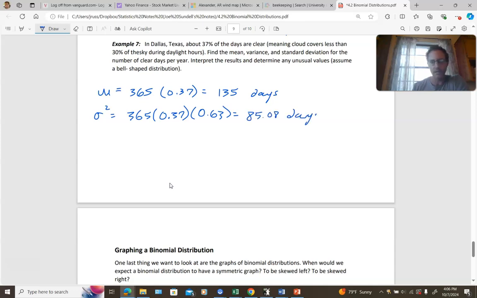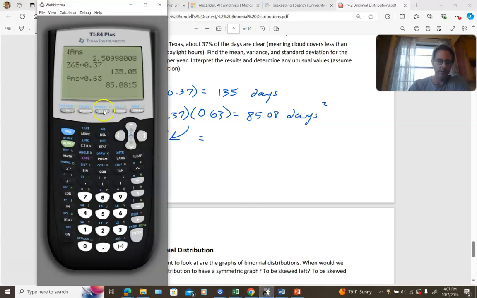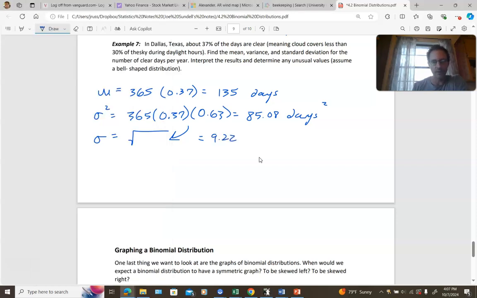And again, this is technically in square units. So this doesn't make much sense to us, so now we're going to find the standard deviation. So if I take the square root of this number, this would give me the average amount of variation, 9.22 days.